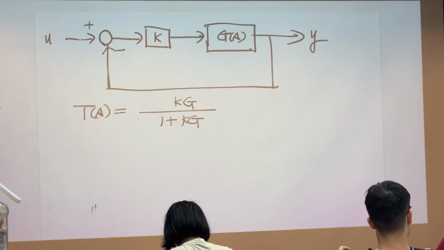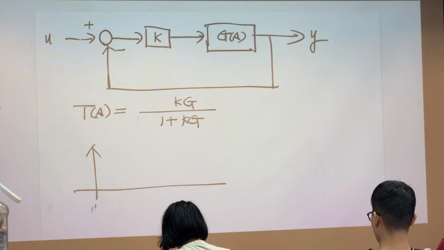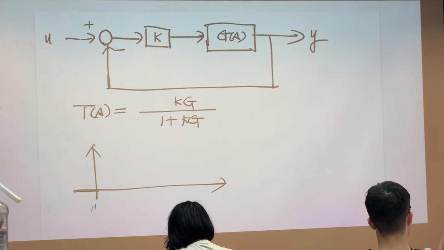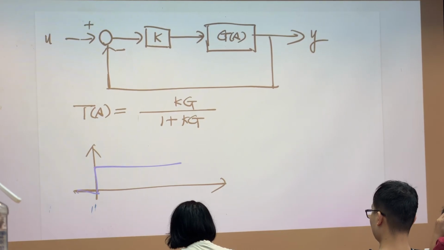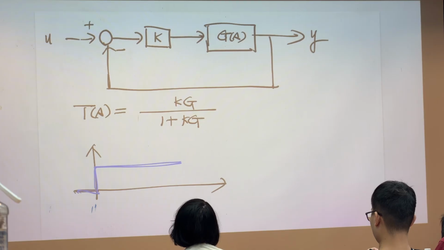That means if G(S) is a second order system, let's assume G(S) is a second order system, for this step response, originally you want your system to have a step response like this. You always want it to respond fast, like this, right?